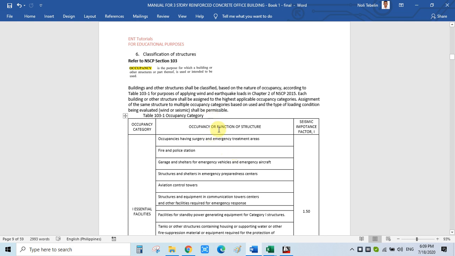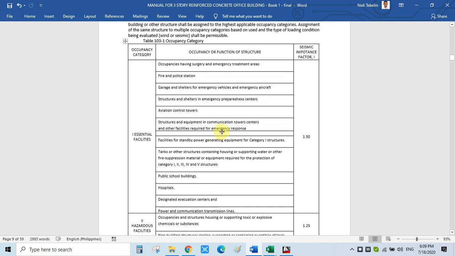We have essential facilities. For example, ito. Alamin natin yung occupancy or function of the structure. So, sa essential facilities, ito yung mga occupancies having surgery and emergency treatment areas.